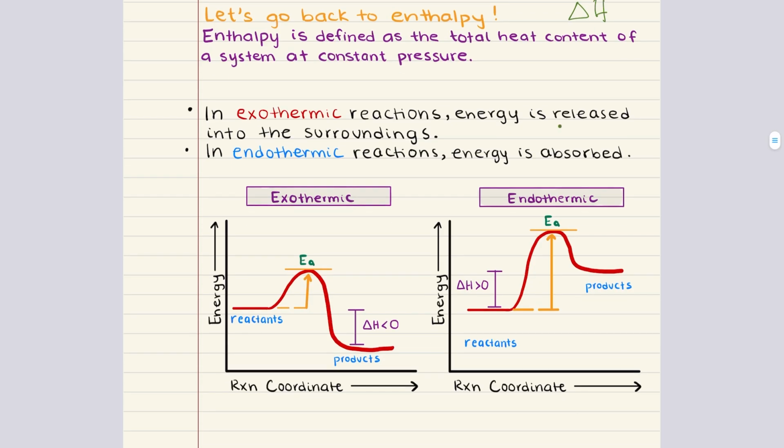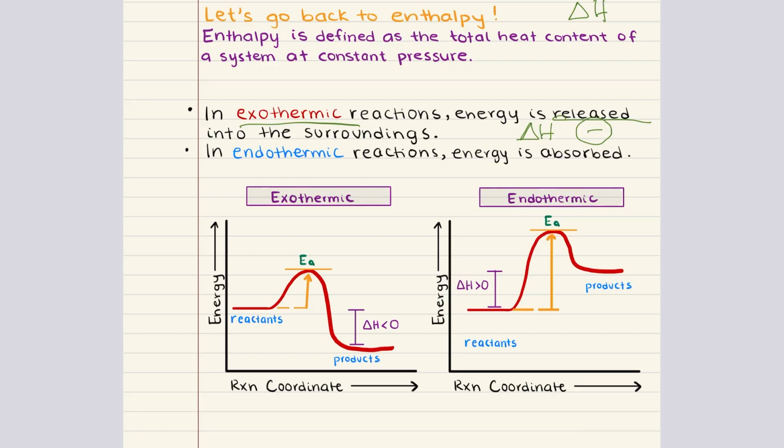If a reaction releases energy to the surroundings, it's called an exothermic reaction. In an exothermic process, the products have lower enthalpy than the reactants, so delta H is negative. This means that heat is given off during the reaction, often resulting in a temperature rise in the surroundings.